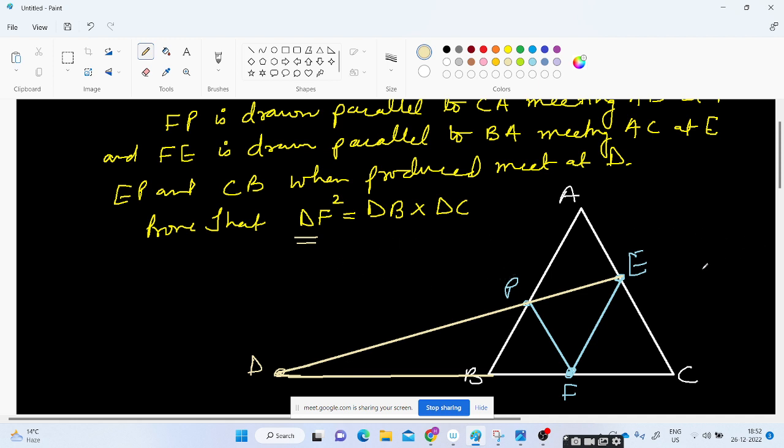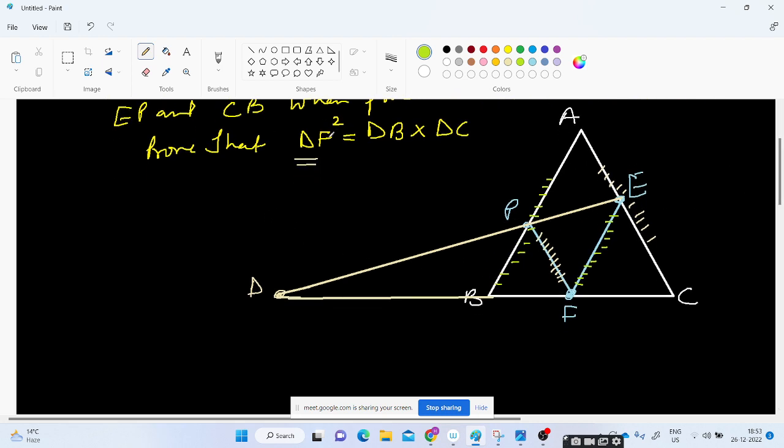So what is given here, so this is parallel to this one and this one is parallel to this one, ठीक है। तो लिखो बेटा what is given here, FP is parallel to CA.